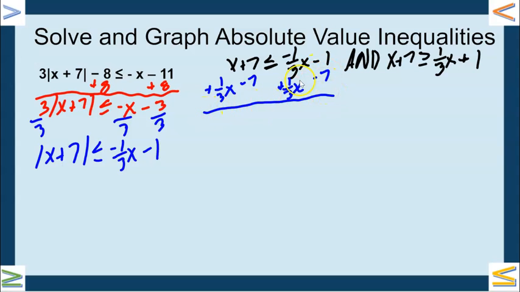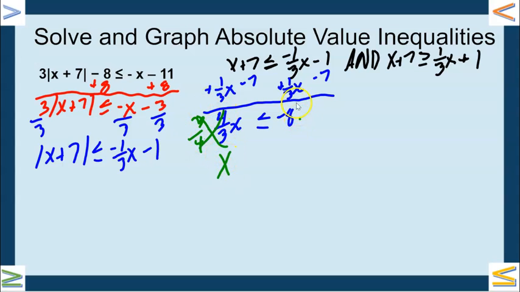So right now I have 1x plus 1/3 x, which is going to give us 4/3 x is less than or equal to -1 minus 7, which is -8. Now to get the x by itself, I'm going to multiply by the reciprocal, which would give us 3/4. 3/4 times 4/3 is 12/12, or 1x.